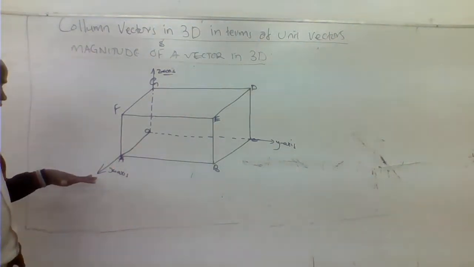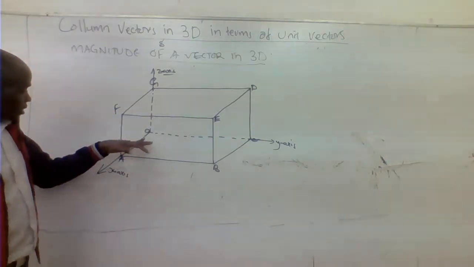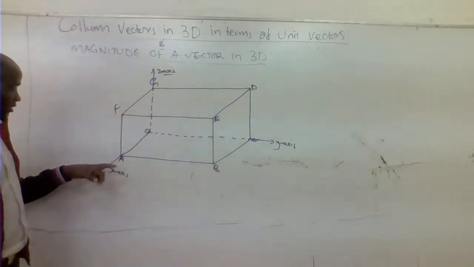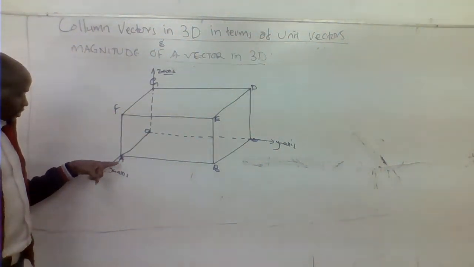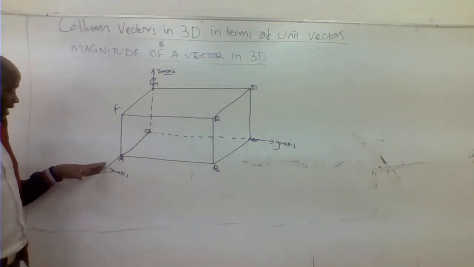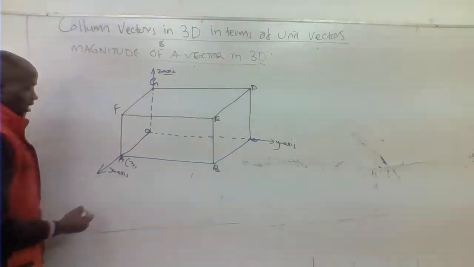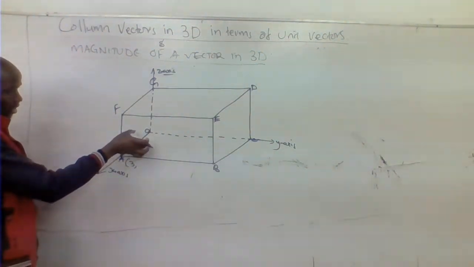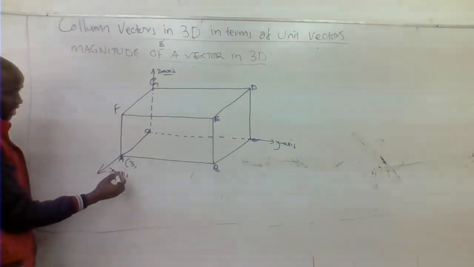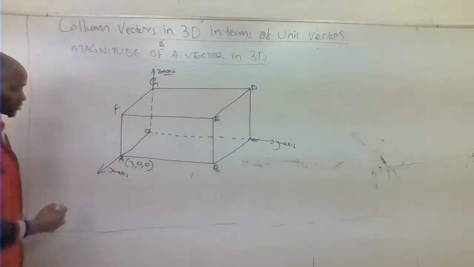Now let's take displacement along maybe the x-axis. Let's say that point A is the displacement along the x-axis. Let's just take it, for example, to be 3. Then displacement along the y-axis on this given x-axis will be 0, and along the z-axis will also be 0, as we have seen.